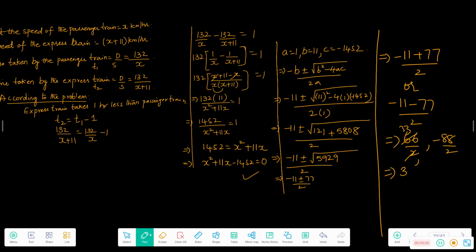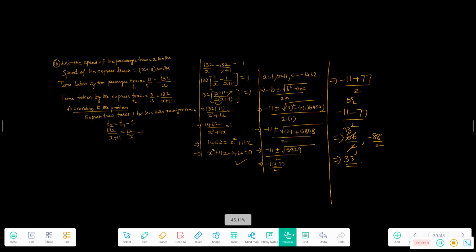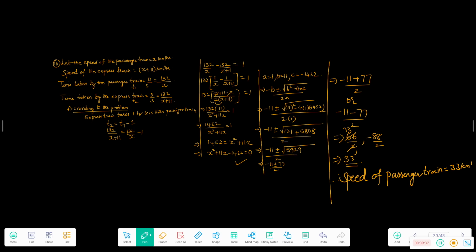So the roots are 33 and minus 44. Therefore the speed of the passenger train is 33 kilometers per hour, and the speed of the express train is 33 plus 11, which is equal to 44 kilometers per hour.